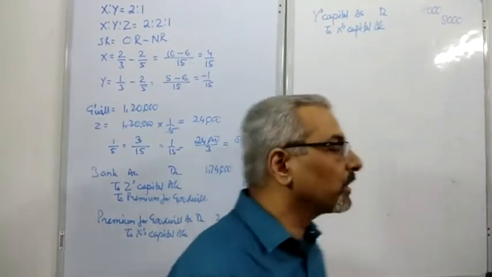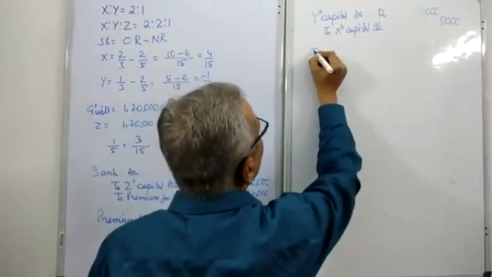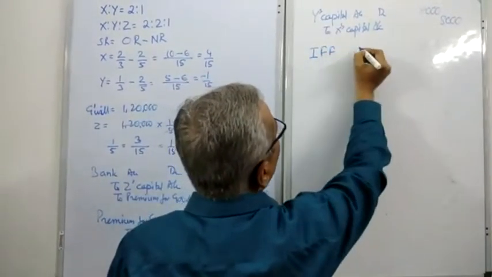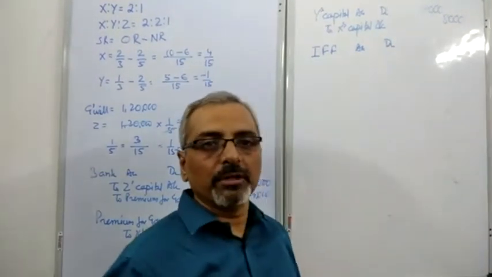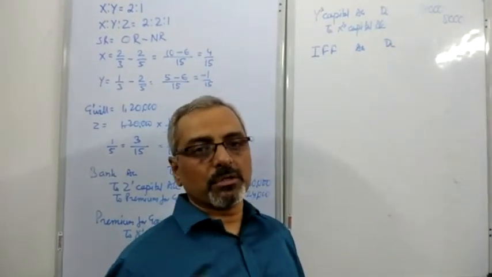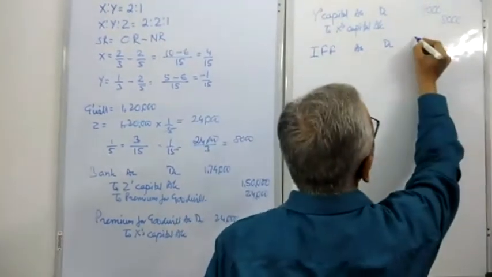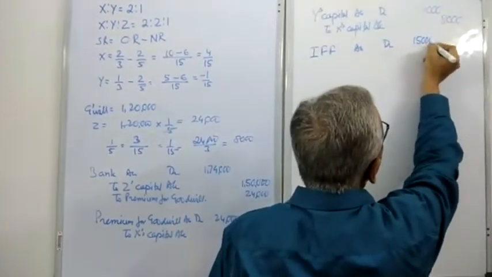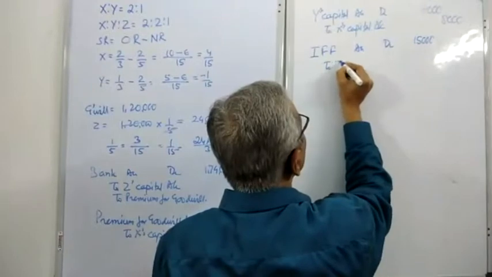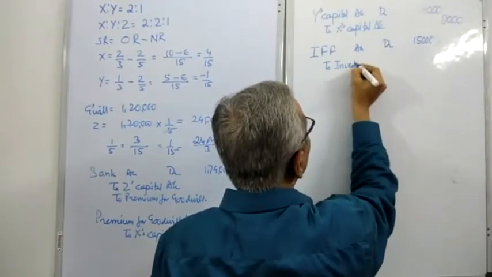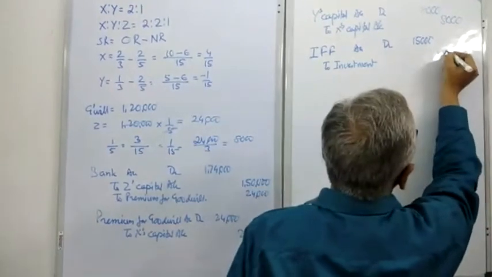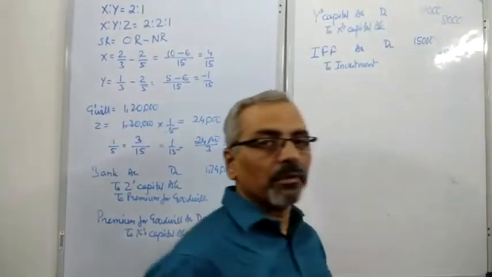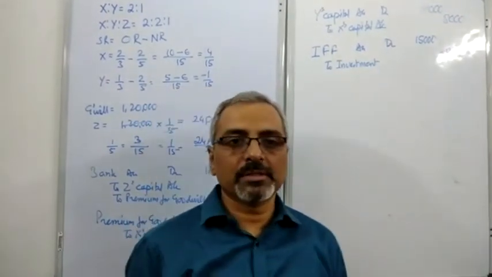So I'll pass the journal entry for investment fluctuation fund. So investment fluctuation fund account debit. See what is the value given in the question. The value given in the question is 15,000, to investment, the value of investment is going down by 6,000.